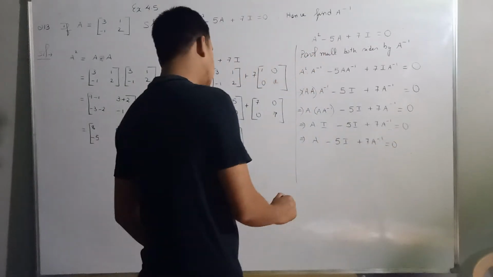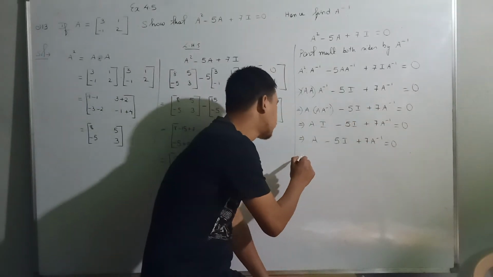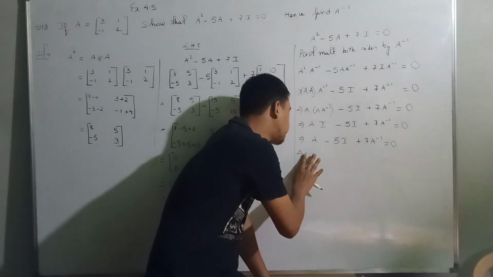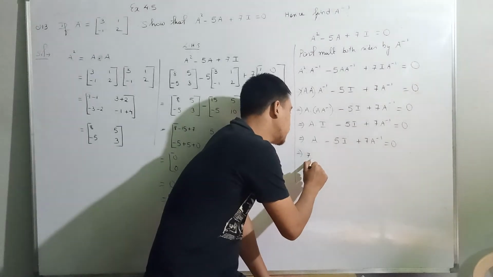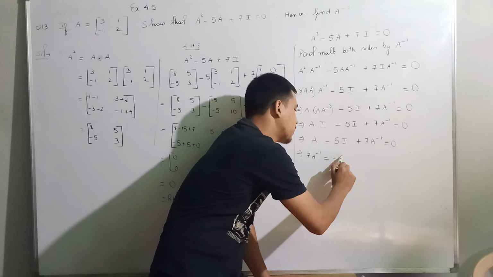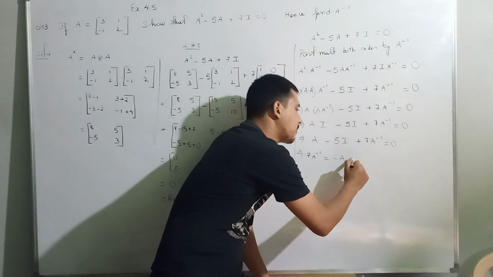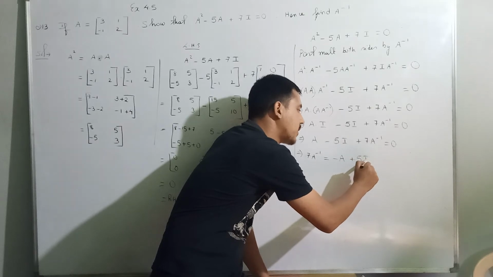I want to find out A inverse, so I have to transpose the remaining terms to the other side. So 7A inverse will be equal to A, keep it as minus A now on the other side. Minus 5I becomes plus 5I, right?